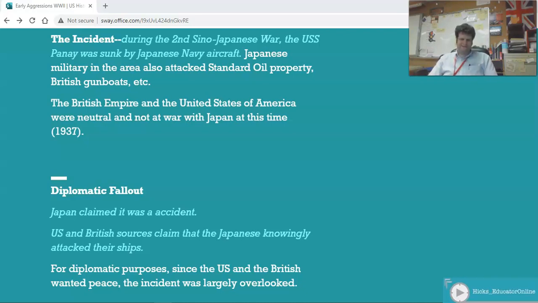And, well, the United States would ultimately overlook this issue, because the United States really didn't want to get into a land war in China, and we really didn't want to get into a naval war with the Japanese, and so it was largely overlooked by the United States diplomatically.